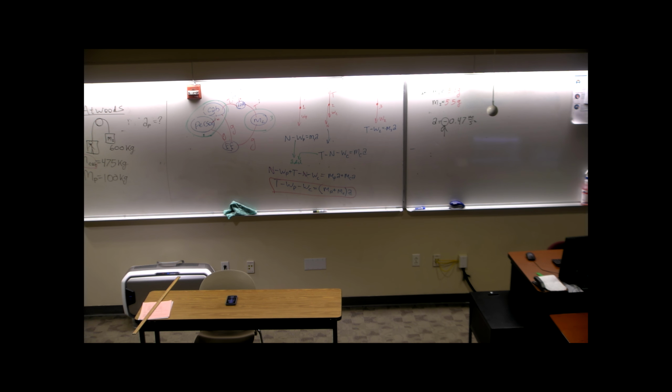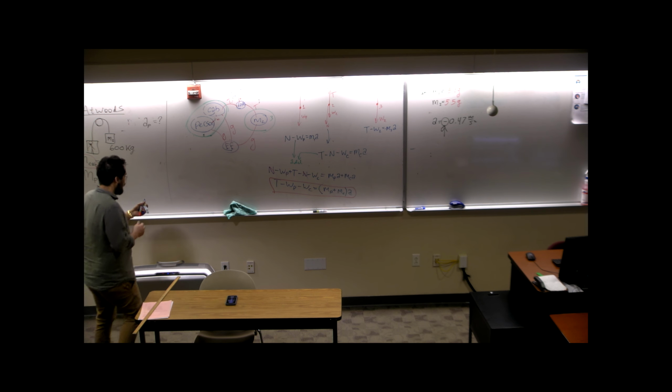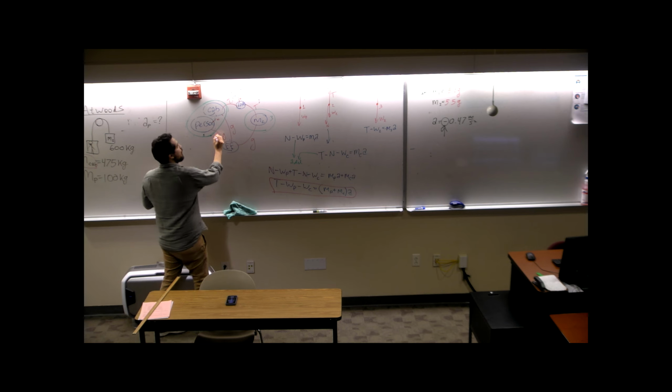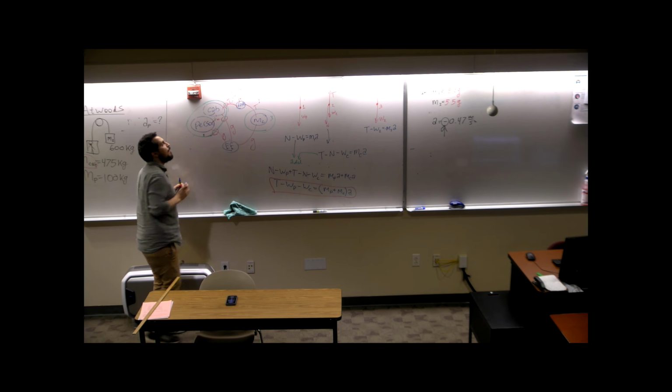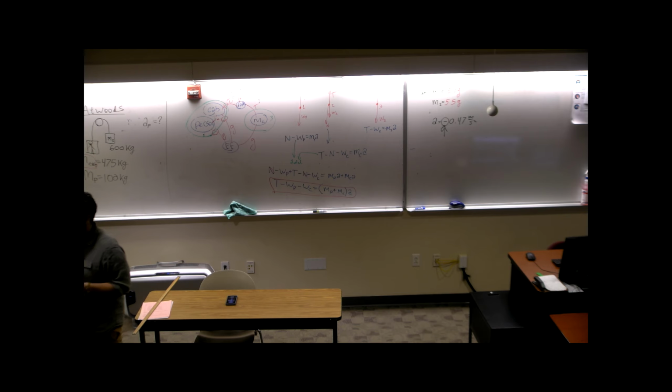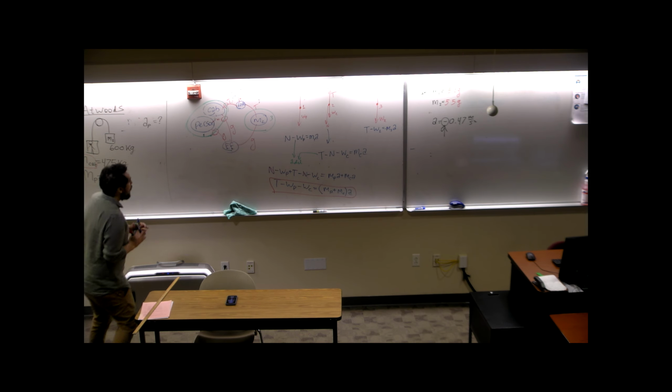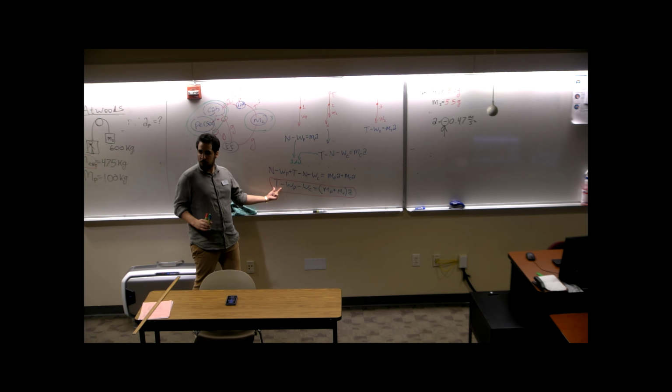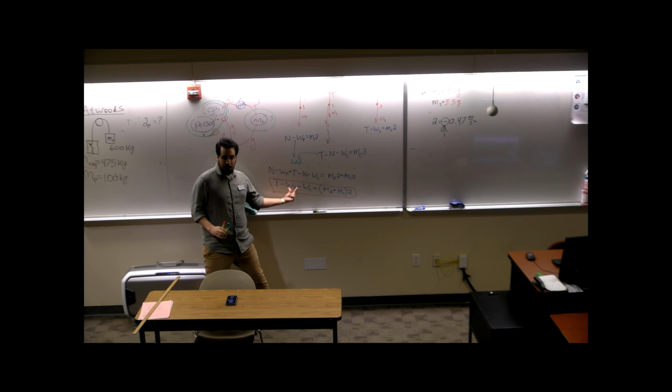You're always welcome to combine objects into a singular system. And when you do that, you end up with 3 interactions that cross that boundary between environment and system. What are those 3 interactions? Well, it's going to be tension, the weight of the person, and the weight of the cab.